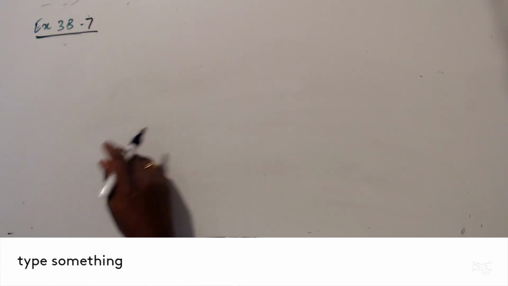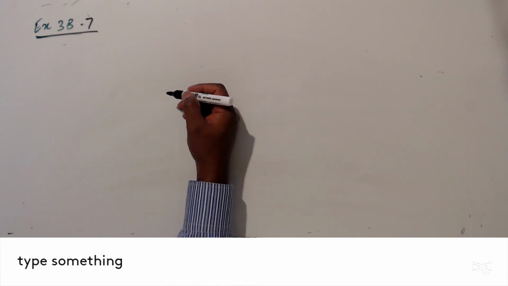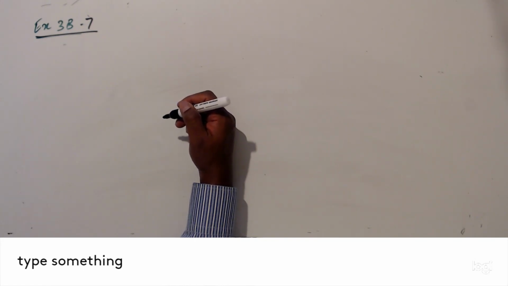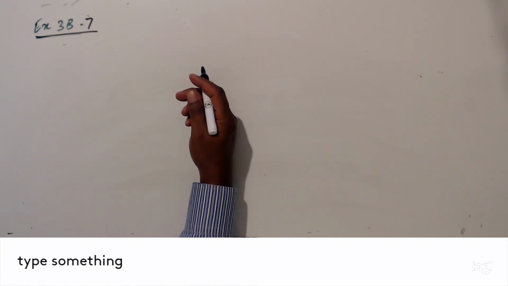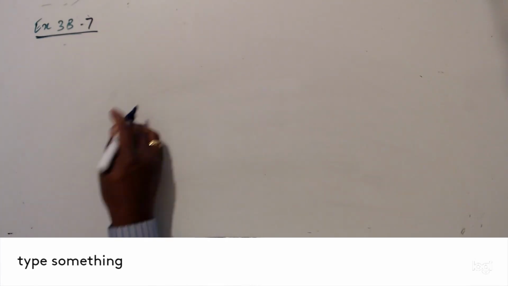Basically, you should have an idea about what are whole numbers, natural numbers, then rational, irrational numbers, and if you do further maths, the complex numbers, and furthermore. Okay, let's start this one.